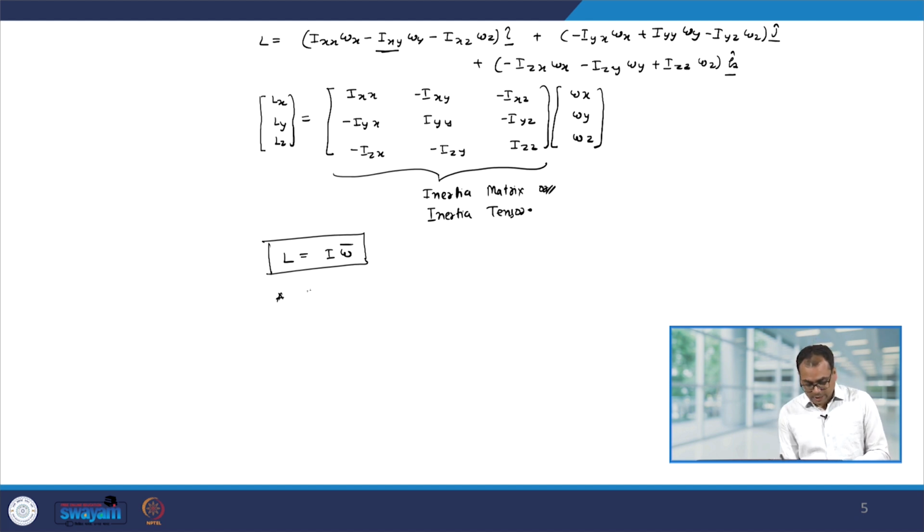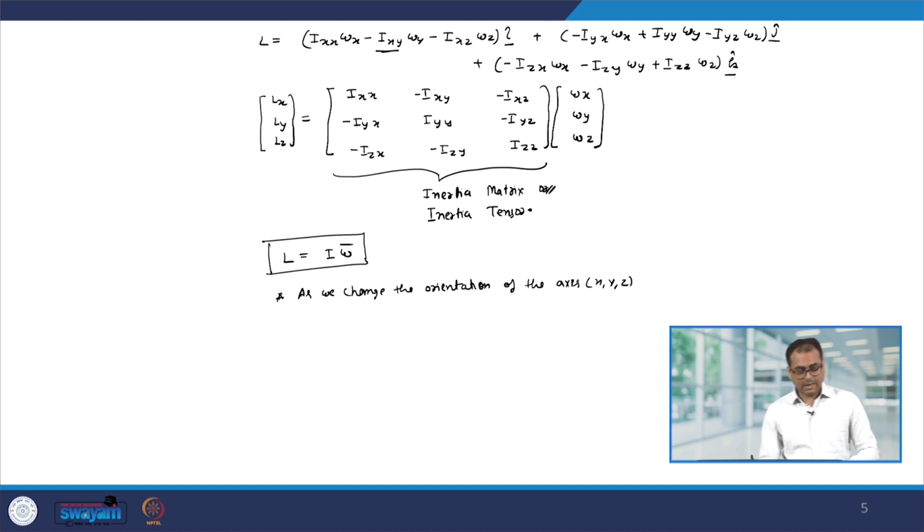Now, you have to note that as we change the orientation of the axis small x y z, the moment and product of inertia also change, because we have fixed them with the rigid body.